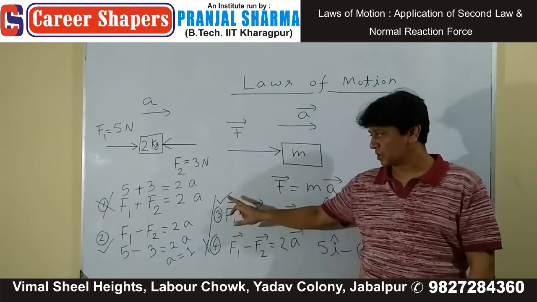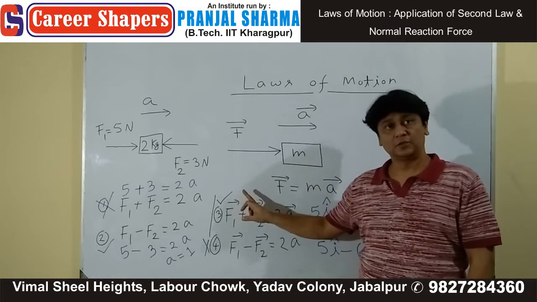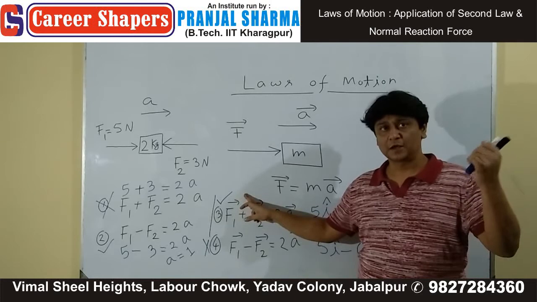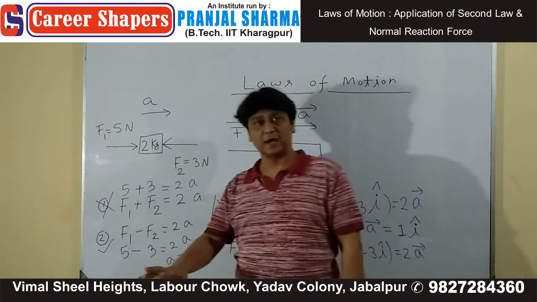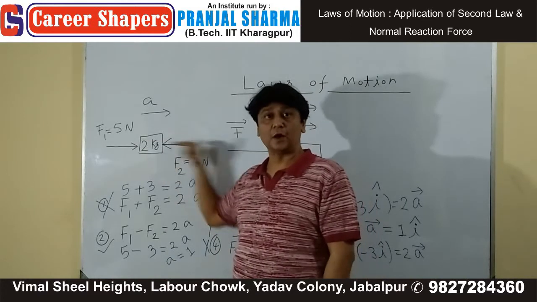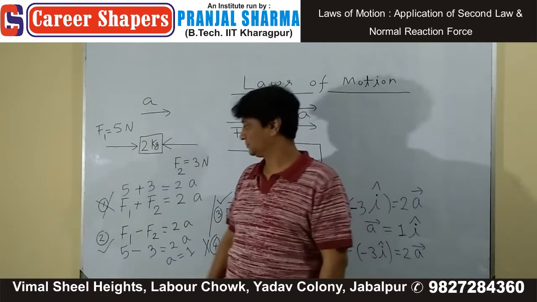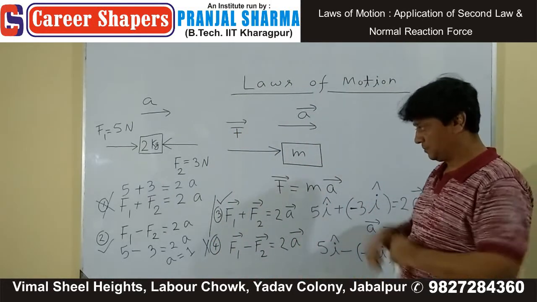And therefore, third is always correct. Third, listen again, is always correct. Second is correct only if they are acting in the opposite directions. Write down this as a statement also.